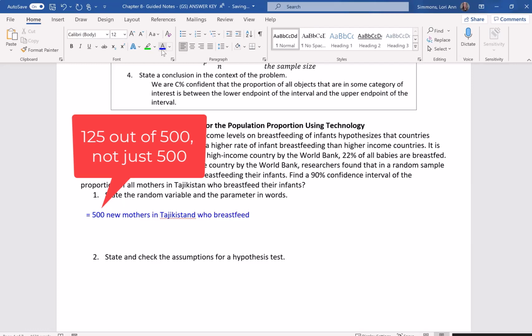Now, if you wanted to look at this, we did this on the very last example on chapter 7 for hypothesis testing. P is the proportion of all new mothers in Tajikistan who breastfeed. That is your parameter P.